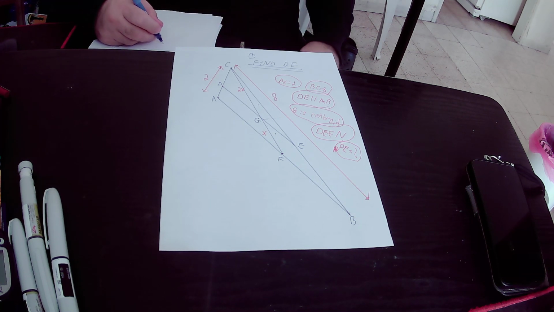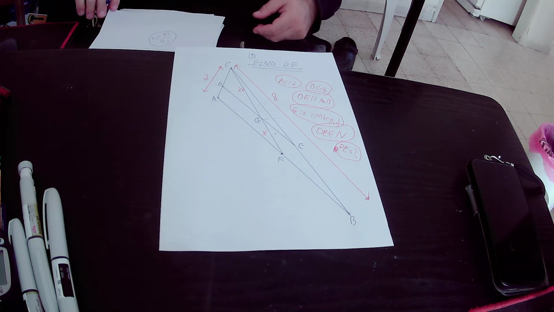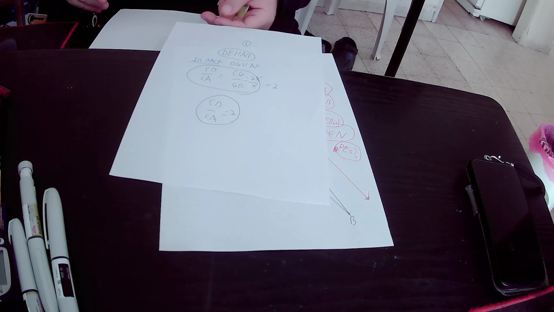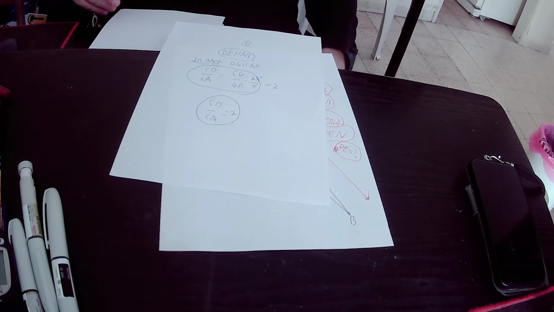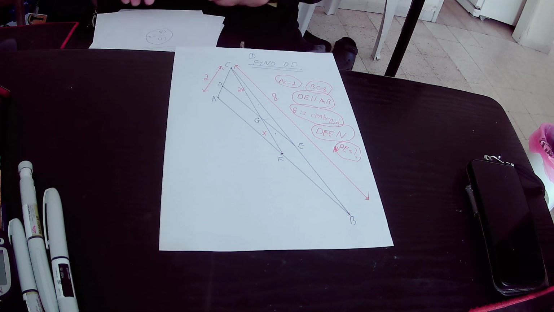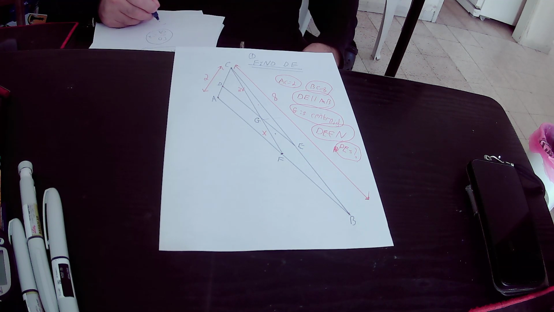So in total we got that CD over CA equals 2, or CD equals 2 times CA.